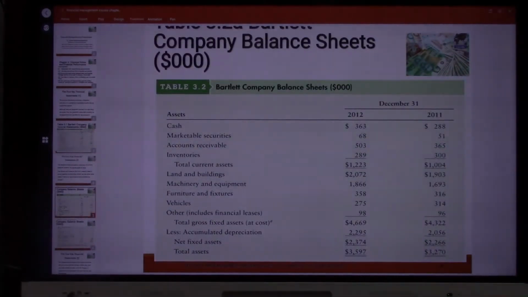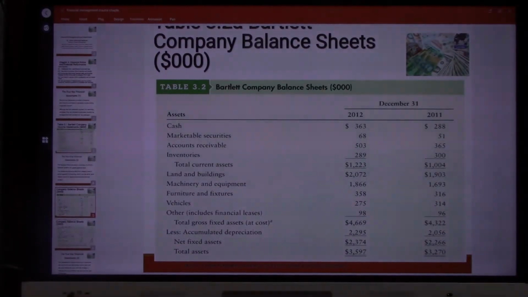And this is a typical form of a specific company's balance sheet. As you see on the left-hand side, we have total assets, which consist of total current assets plus total net fixed assets.